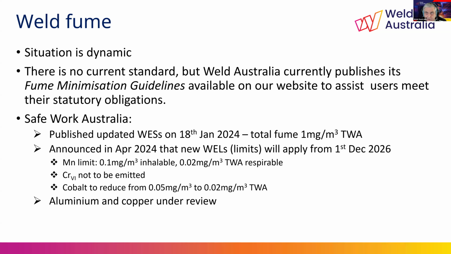Chrome 6, for those of you who are not familiar with it, is a known carcinogen and is quite mutagenic. It can be produced when welding stainless steels and also when hard facing. And Chrome 6 was the subject matter in a movie some years ago, and it was quite a nasty poison, and you can read up all about it, or watch the movie Erin Brockovich, which covers that.